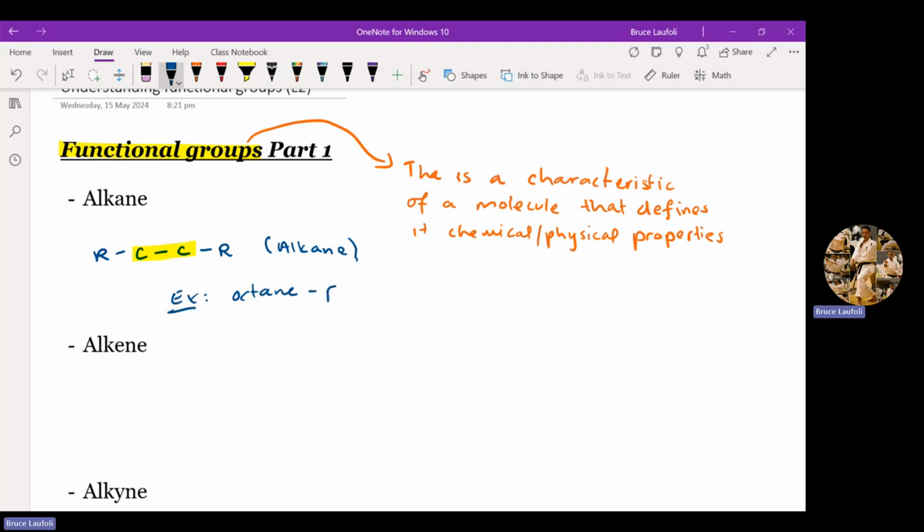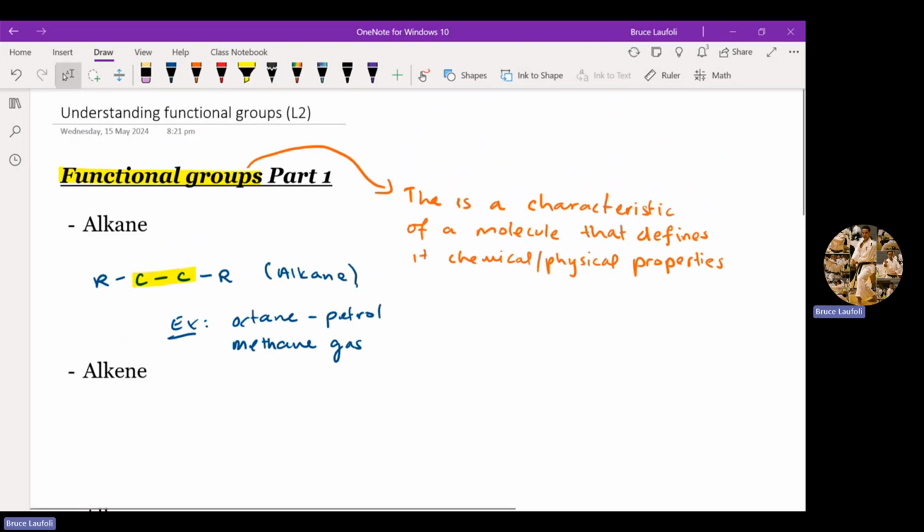And that's your petrol. We also have examples such as methane gas. And so essentially that's exactly what an alkane is. An alkane is the situation where we have only single bonds that exist between carbon atoms.